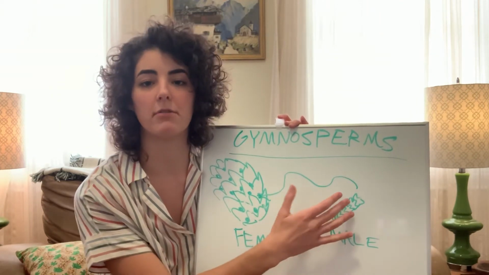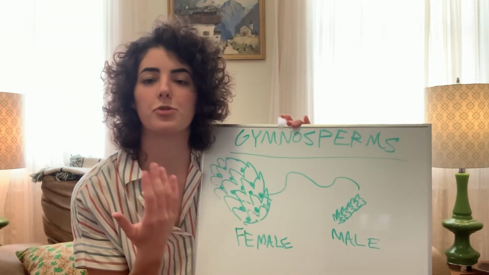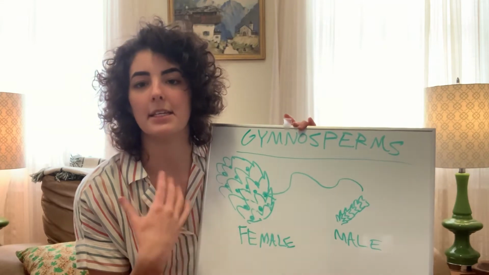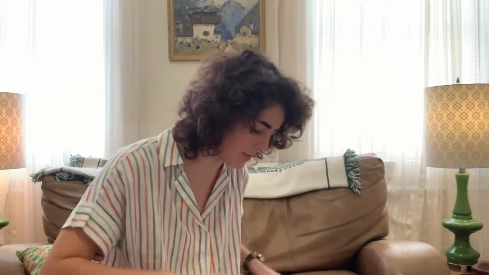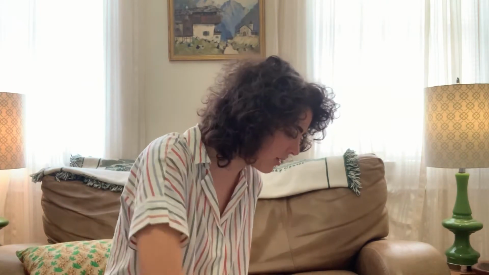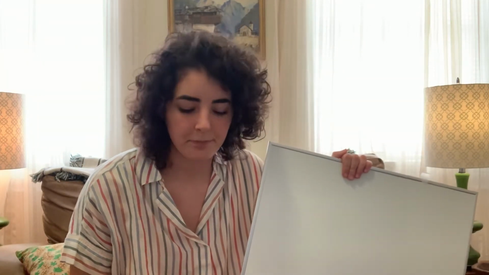So those are the gametophytes, the teeny tiny structures on the outside of the cones, and the actual sporophyte itself is the entire tree. So for angiosperms, it's very similar in that the entire plant is the sporophyte, and there are just teeny tiny little structures that make up the gametophyte.